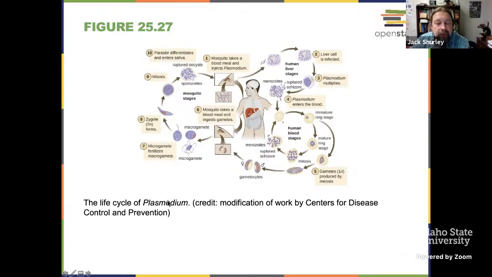Plasmodium is the parasite that causes malaria. Malaria is a disease that has plagued humanity since the dawn of humanity. And with that, we have seen numerous very interesting things with our evolution and the evolution of the parasite.